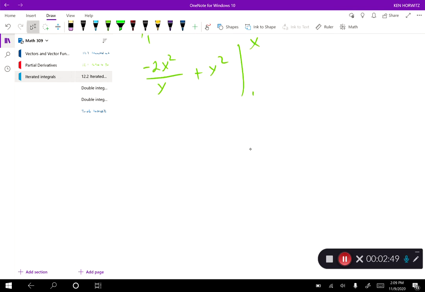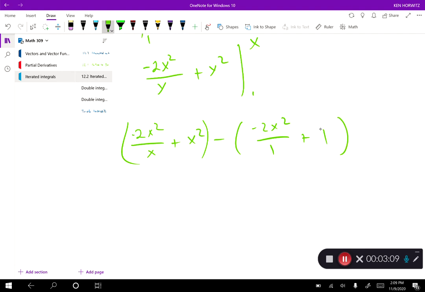I then plugged in my bounds, so I get negative 2x squared over x plus x squared, minus negative 2x squared over 1, because I'm plugging in my lower bound now, plus 1. And hopefully you did the algebra. If you didn't, pause it now. If you did, my final answer would be 3x squared minus 2x minus 1.